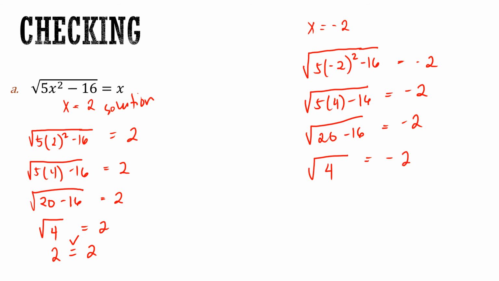Square root of 4 is 2, which is equal to negative 2. Now, 2 is not equal to negative 2. Therefore, this is what we call extraneous roots, or extraneous solution.